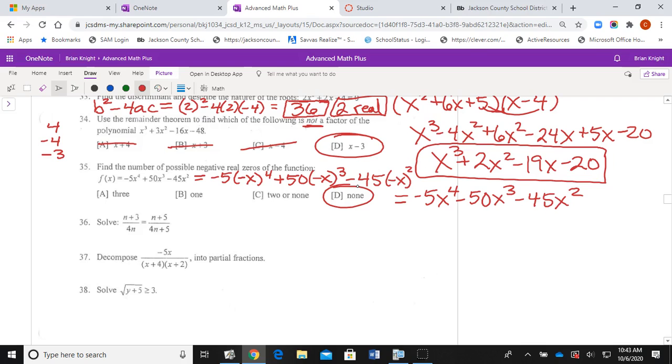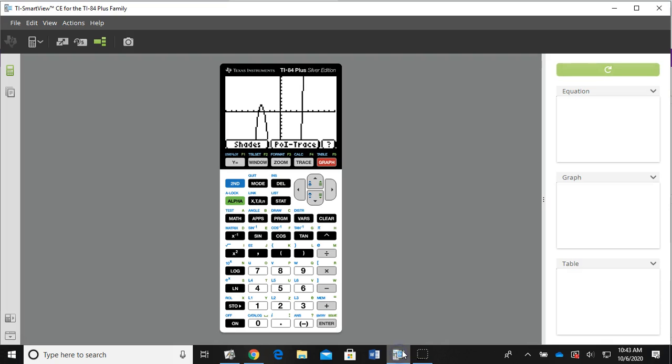Okay? Any questions? Can your calculator help you on that one? It can. Watch. I shouldn't even be showing you this, but that's the kind of guy I am. Negative 5x to the 4th, right? Plus 50x to the 3rd.